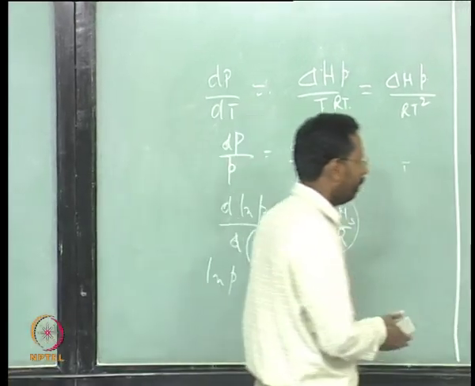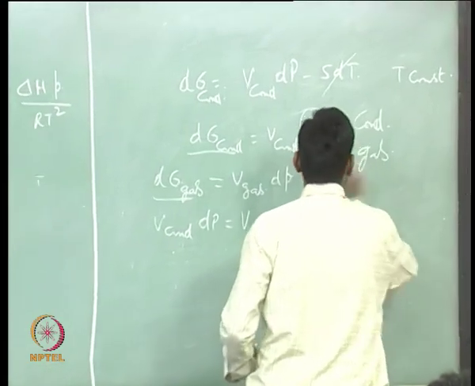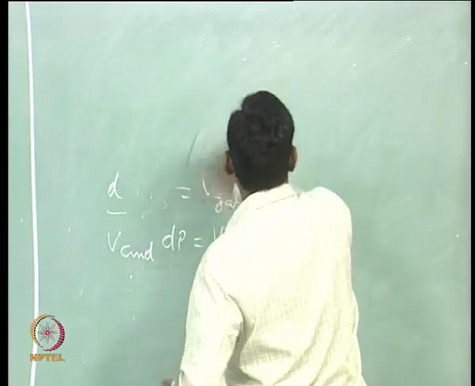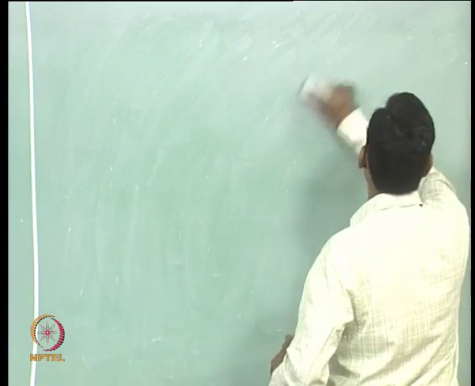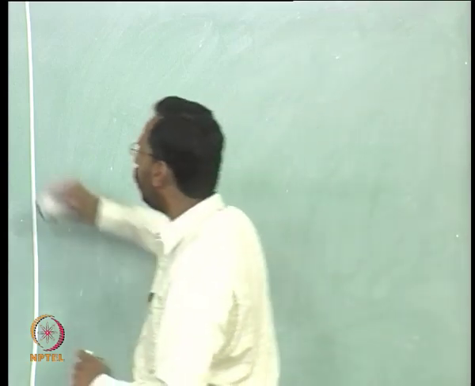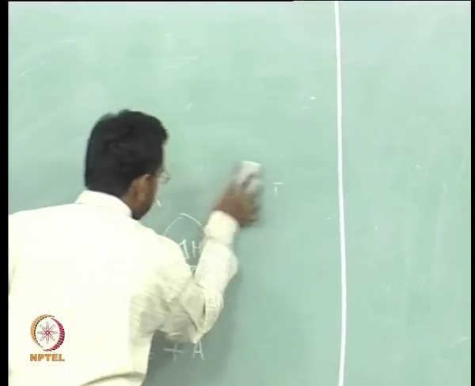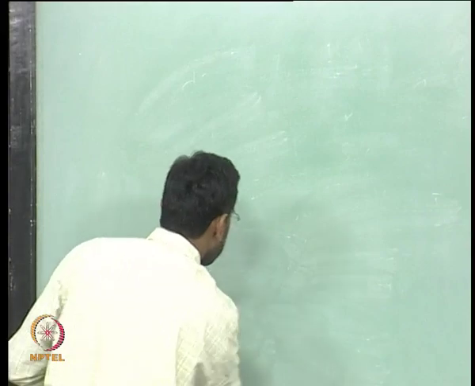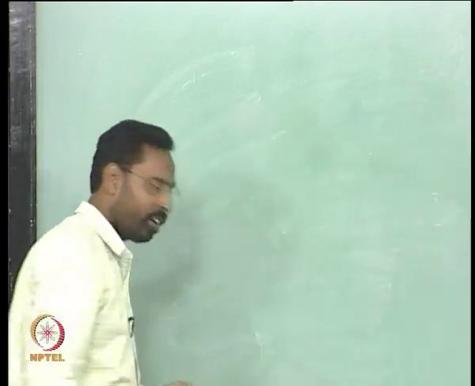So, this is the first concept that we need to understand when we are talking of heterogeneous reactions involving gases: how pressure and temperature influence the sublimation and the partial pressures. Now, once we understand this, let us go ahead with reactions and start talking about how the reaction rates and the thermodynamics of reactions depend on pressures, temperatures and things like that.